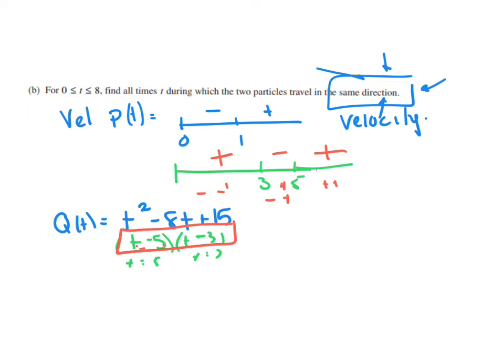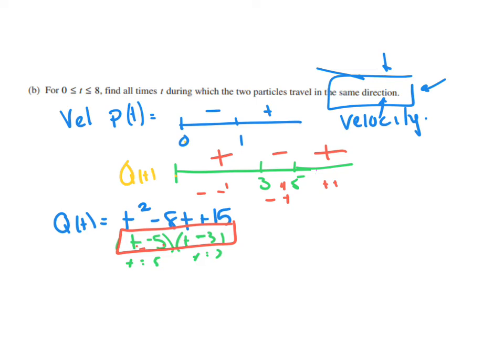So now to answer the question, I have to see when they're traveling in the same direction, meaning their velocities, so here's Q of t, the velocities are the same. I'm basically, when I say same, either both positive or both negative. So let's see, from 0 to 1 I'm negative, and from 0 to 1 here I'm positive, so that would be opposite.